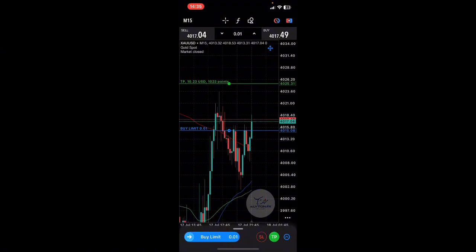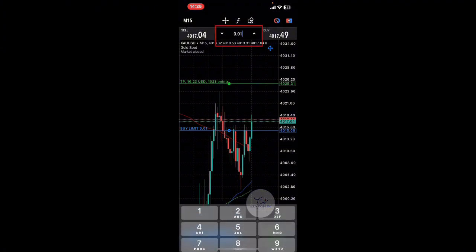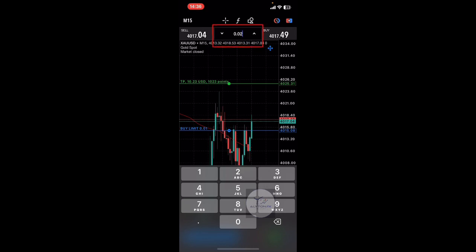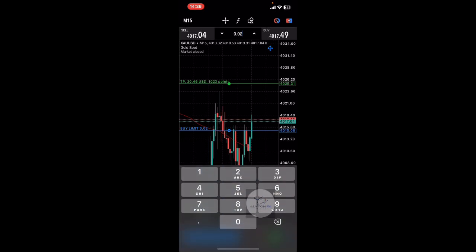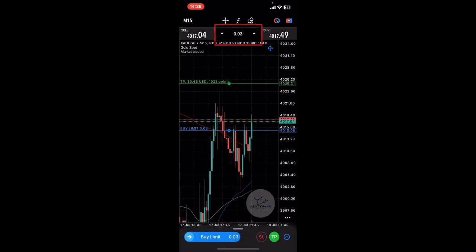So according to retail traders, $1 profit equals 10 pips. $5 profit equals 50 pips. $10 profit equals 100 pips with 0.01 lot size. Let us say we want to use 0.02 lot size. With 0.02 lot size, $20 equals 100 pips.